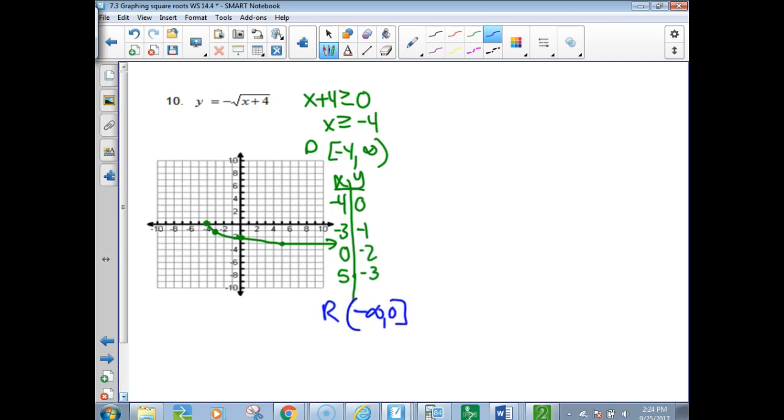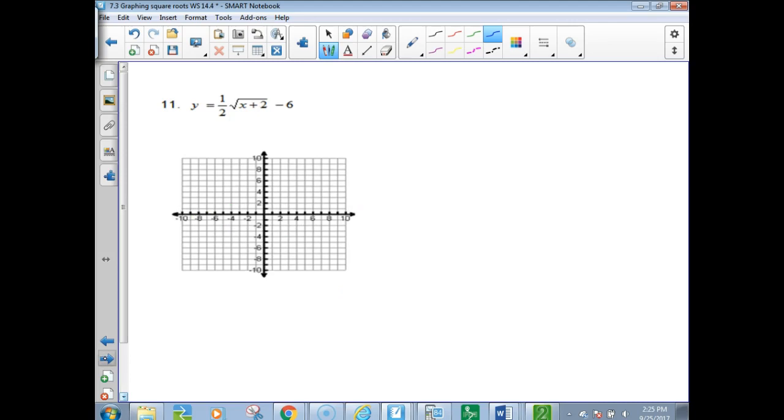I just started recording again. Okay. Last but not least, oh my gosh, this thing's going to be really flat. That's going to flatten the graph.